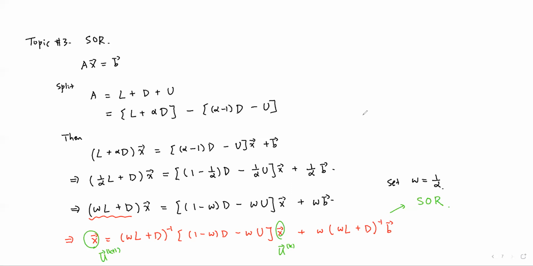Two special cases. When omega is 0, SOR is easy to see, right?